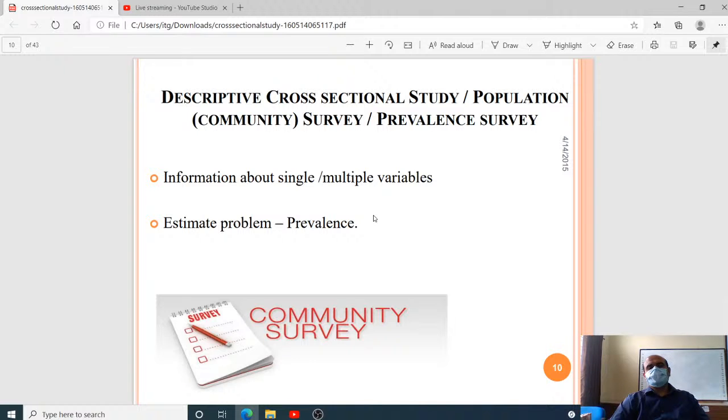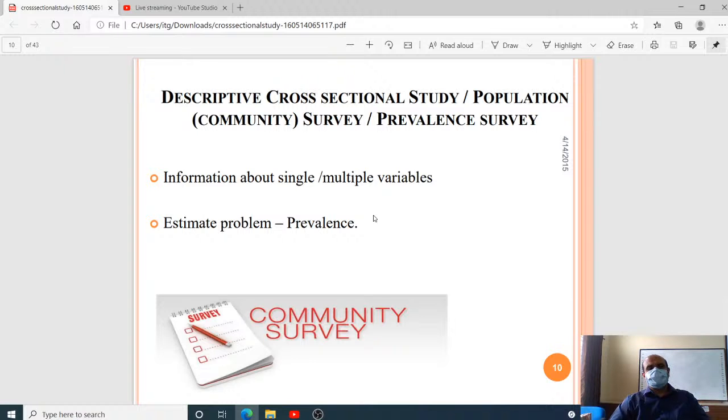Now the descriptive cross-sectional study, or population or community surveys, or prevalence study: what kind of information do they give?